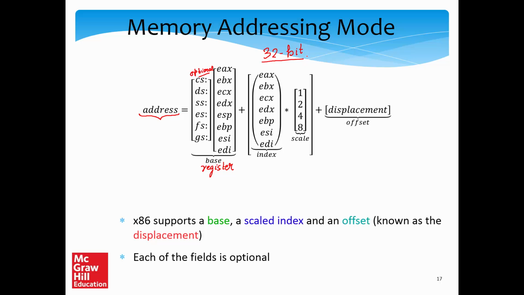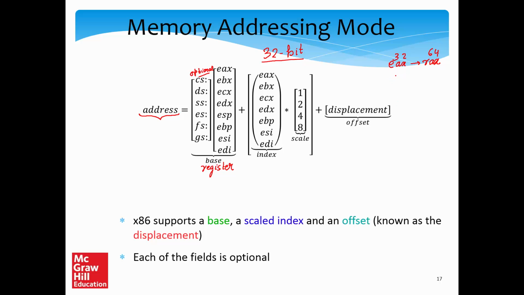But clearly, if you know how to write assembly code for a 32-bit ISA, you can always write assembly code for a 64-bit ISA. All that you need to do is convert every register from EAX to RAX. So you'll move from 32 to 64. That's pretty much all that you need to do. There are some other instructions which will also change, but we'll discuss them when the time comes.